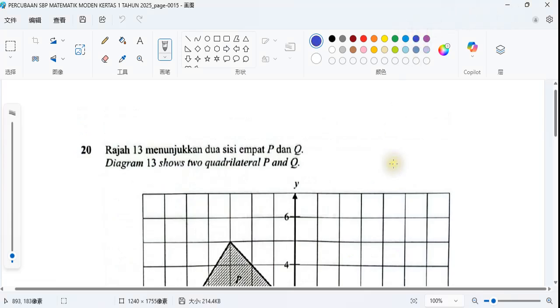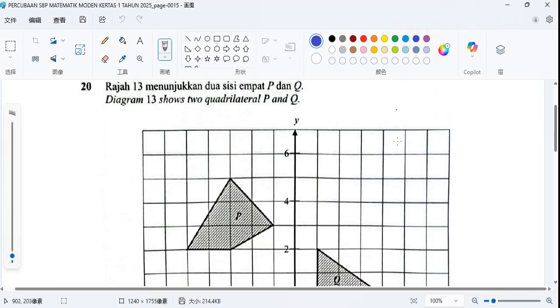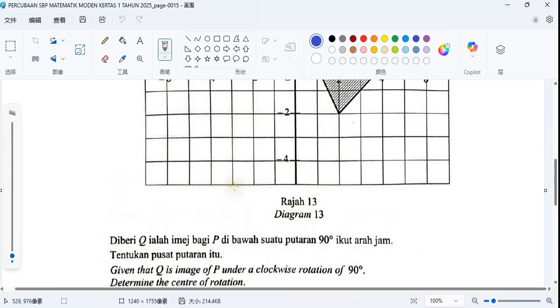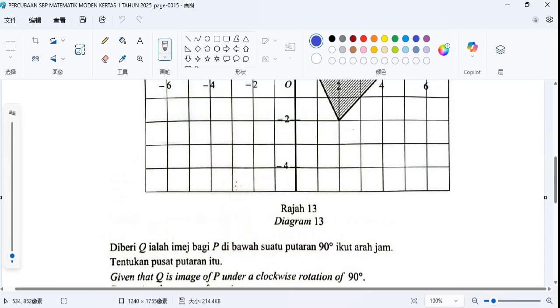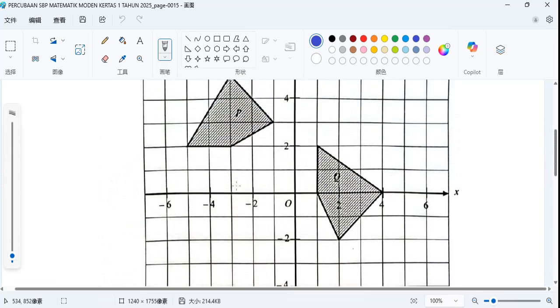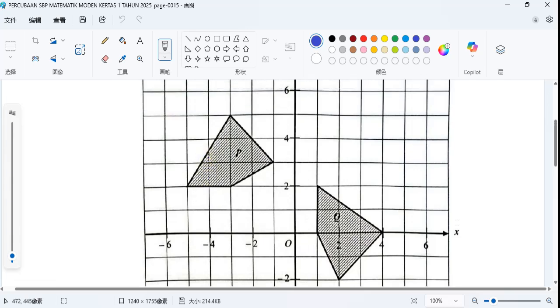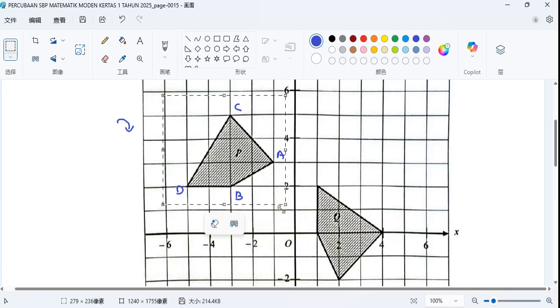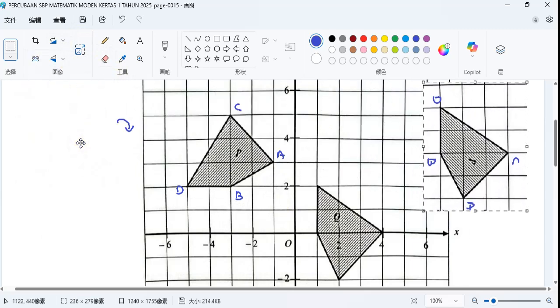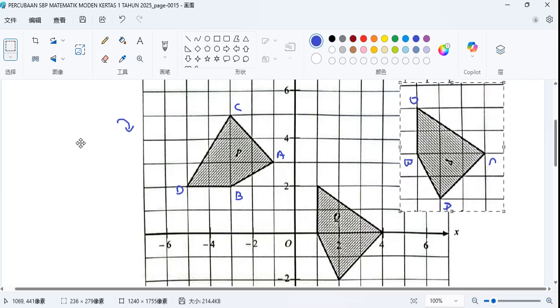So question number 20. Diagram shows two quadrilaterals P and Q. Q is the image of P under a clockwise rotation of 90 degrees. Determine the center of rotation. Okay, so let's say we have A, B, C, D here, clockwise rotation. So we have this one, and then clockwise, it will look like this.